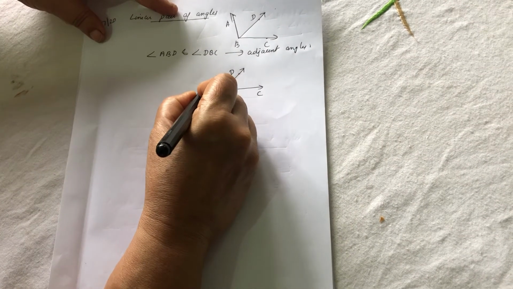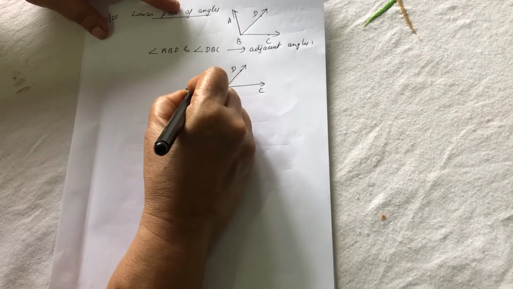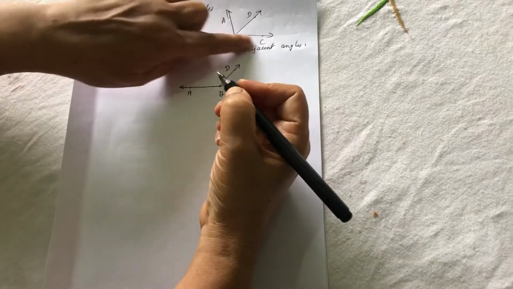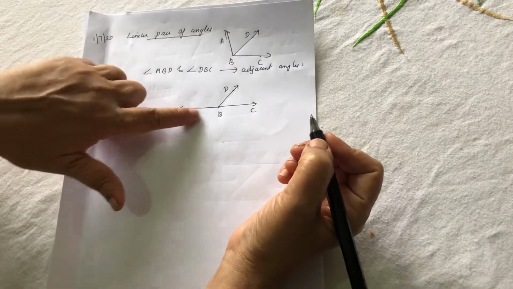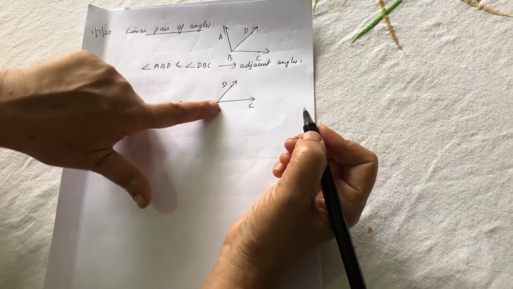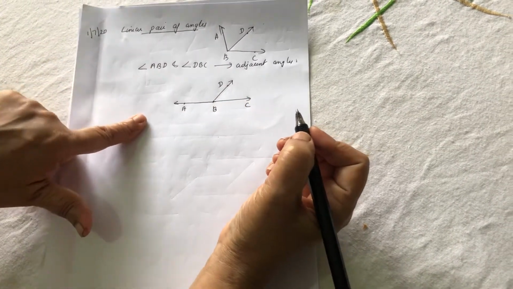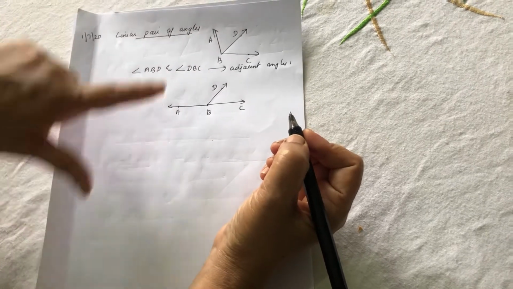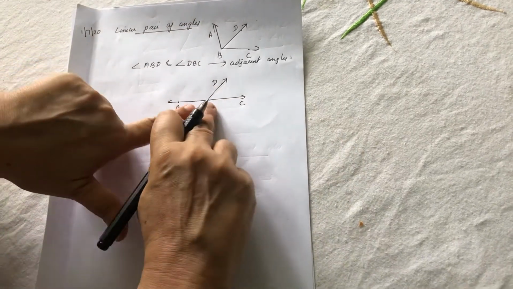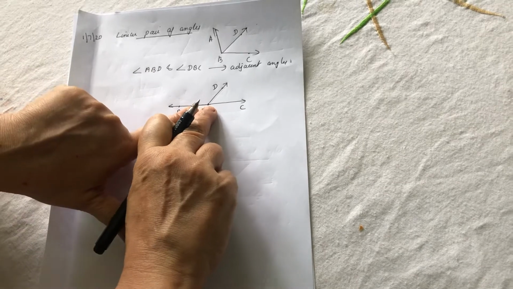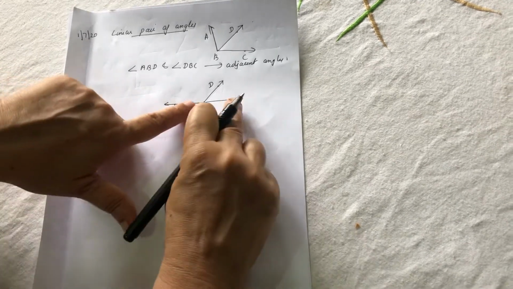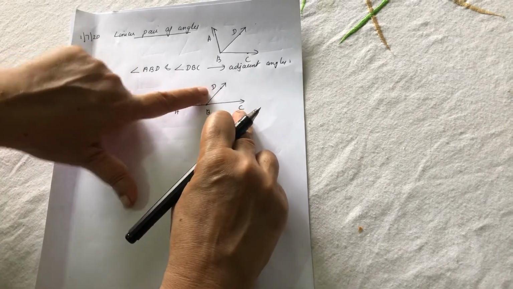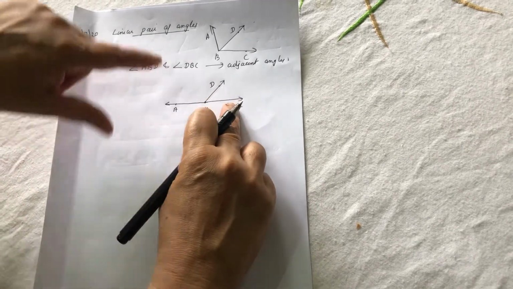Here, BA and BC are non-common arms. ABD and DBC are adjacent angles, but the difference here is that the non-common arms are opposite rays. They are forming a line.